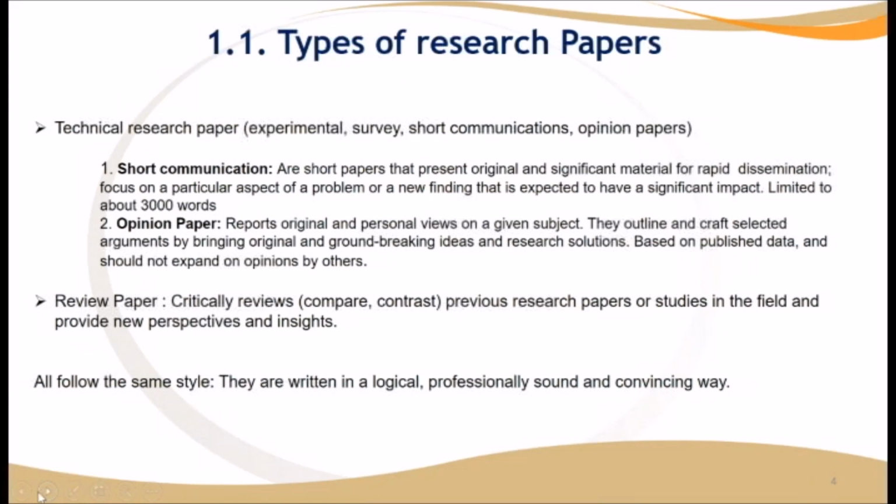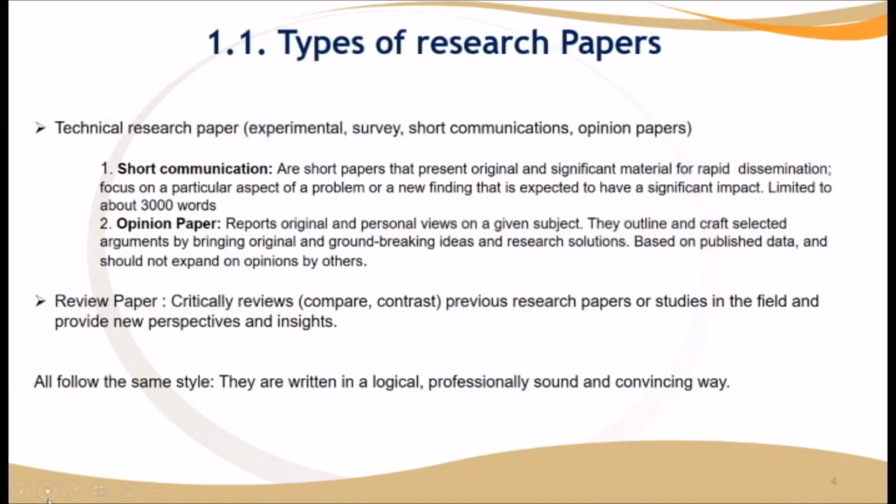So if we look at the types of research papers, this is not all of them, just some of the main ones that we find in the space of research, regardless of the discipline. There are technical research papers, which consist of experimental data or surveys. They could be short communications or opinion papers.